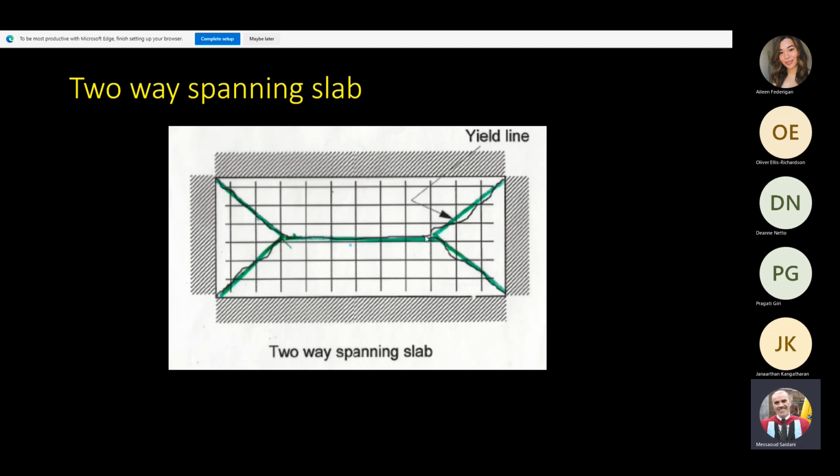Along this yield line, the moment of resistance is the same, etc. So the moments along the yield line are uniform. Again, it's very similar to when you have a frame, if you have a column, we say MP is the same, isn't it, for that column or that beam. So it's a similar thing here.